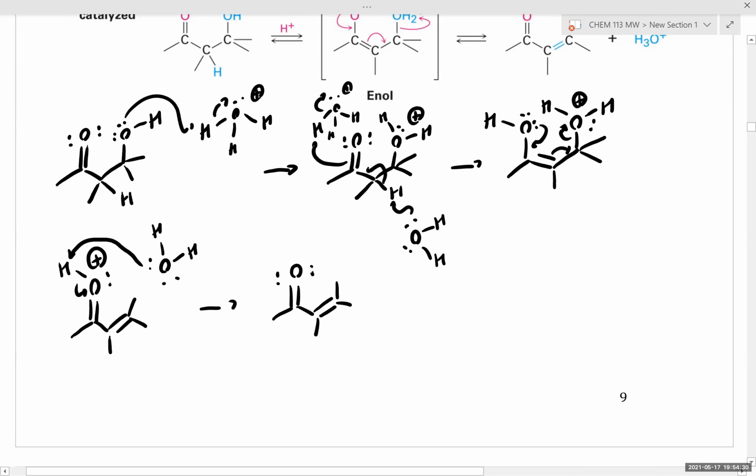Does this mechanism for the acid catalyzed dehydration of a beta hydroxyketone make sense? Any questions on this mechanism before we move on?